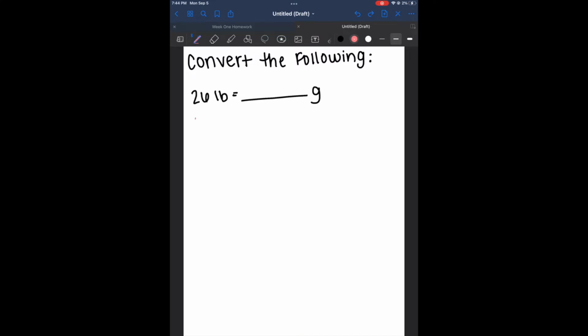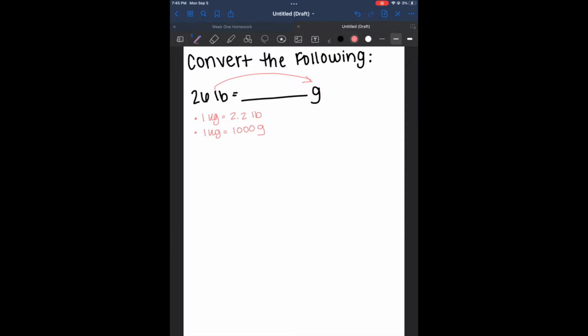Well, because you've studied your conversion sheet, you think, okay, I know that 1 kilogram is 2.2 pounds. And I know that 1 kilogram is 1,000 grams. So there's how I could get my pounds to my grams.